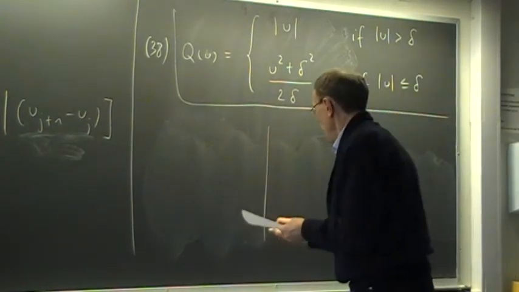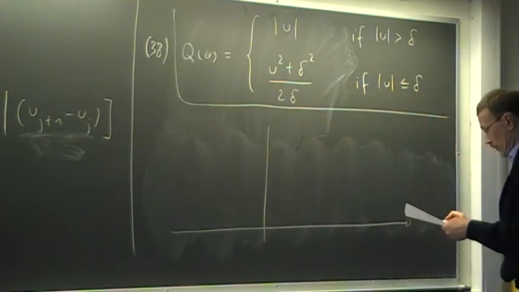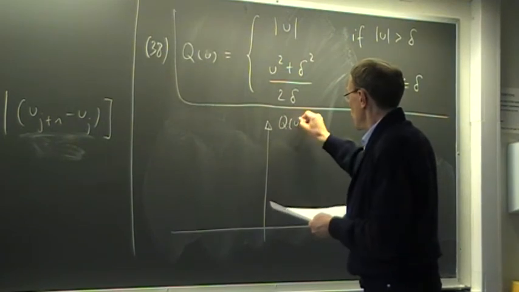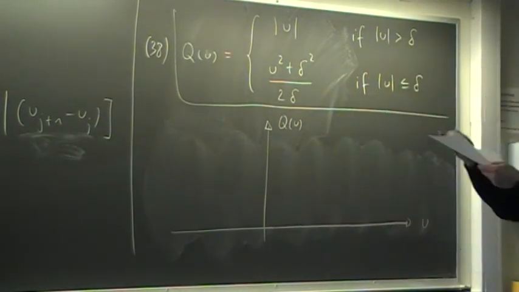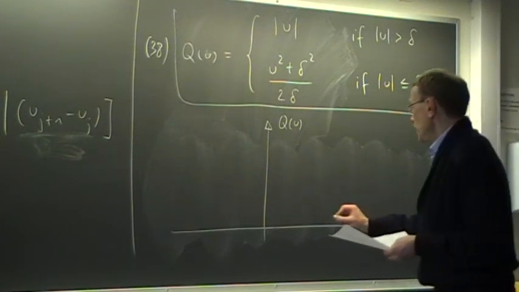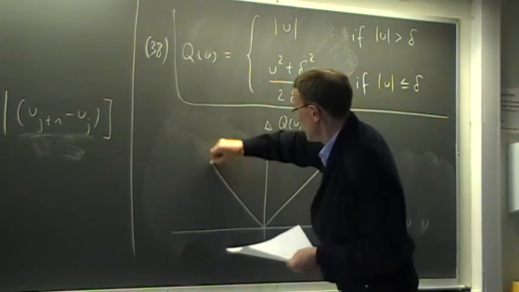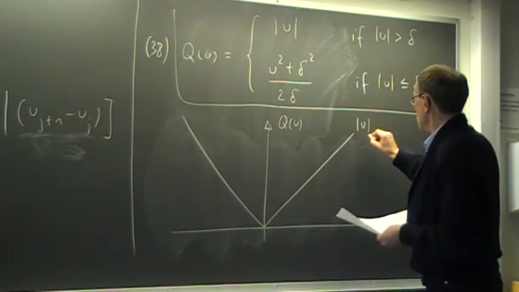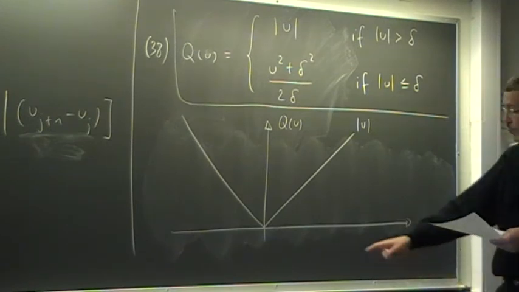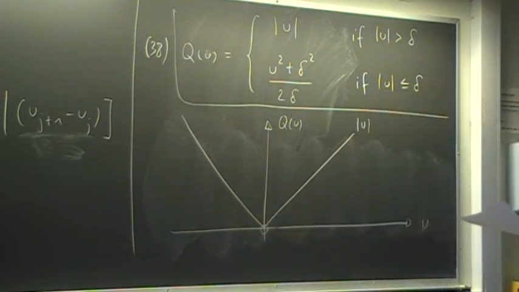And what does this look like? Let's do a little graph. If we have now here the u, and we have here the q of u. So this is the modification of this average velocity. Originally, we have just the absolute value, which we can draw like this. But this has the problem here at the origin, that it gets 0. So then we do something different.